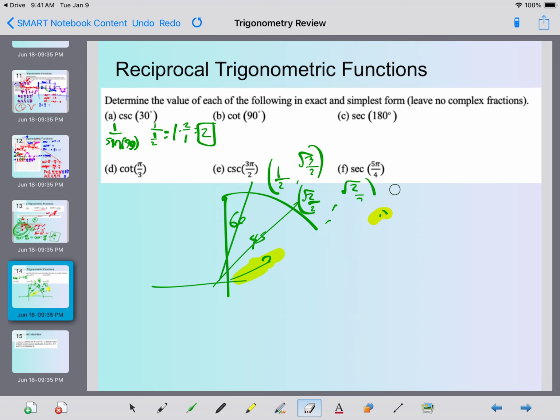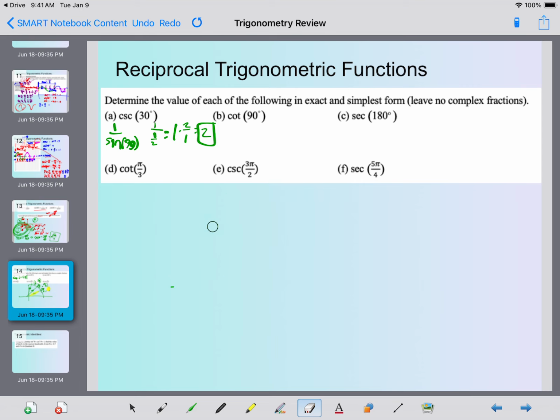This is how you should be thinking about it, right? You're not going to have the unit circle on your test. You could put this in your calculator, sine of 30, but the problem is, what if it was sine of 45, sine of 60? Then you need to know that it's radical 3 over 2. You need to know it's radical 2 over 2. With the 1/2, it's easy. It's going to be 0.5 in your calculator. But when you get radical 2 over 2, radical 3 over 2, it's going to give you some crazy number.